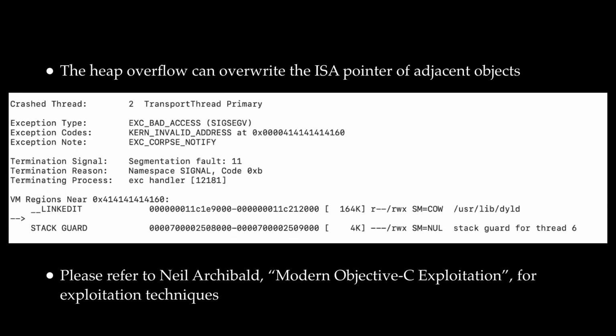So we just do a little bit of modification to the POC, make some kind of heap layout manipulation, and we can easily overwrite the ISA pointer of adjacent objects, and we can trigger a crash where it tries to access 41, 41, 41. That means the adjacent object's ISA pointer is already controlled. So how to exploit it? Please refer to Neil's work, Modern Objective-C Exploitation, for more details. In short, it's not that hard.